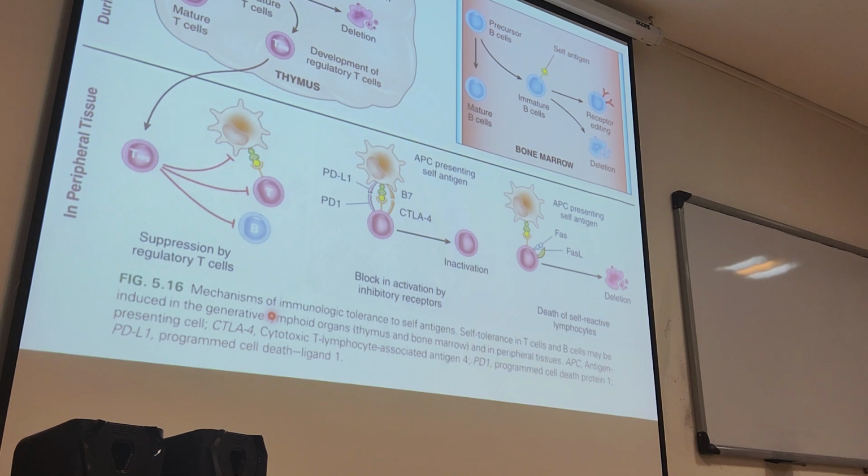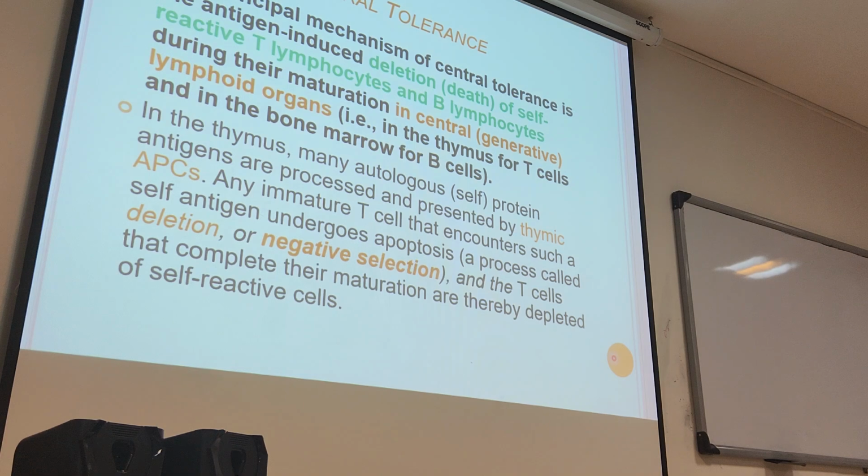And in peripheral tolerance, we have regulatory T cells, and we have inhibitory receptors, for example CTLA4, which inhibits signal 2, and sometimes we have apoptosis again. Okay?